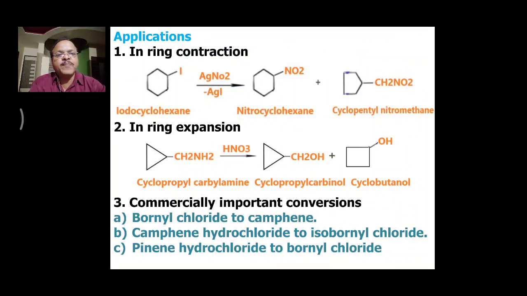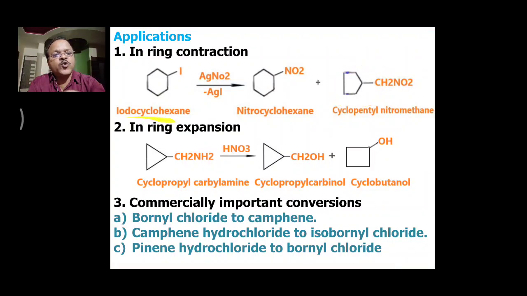Now let's see the applications of the Wagner-Meerwein rearrangement. The first application is in ring contraction. We can contract rings. So let's see the example. This is a 6-membered ring. It is contracted to a 5-membered ring.